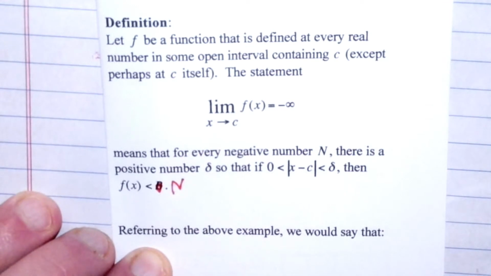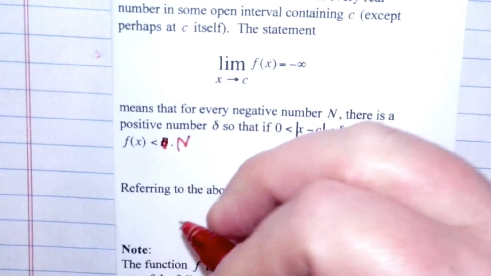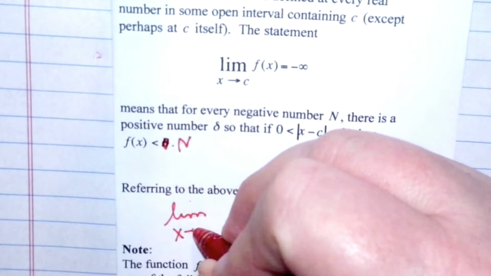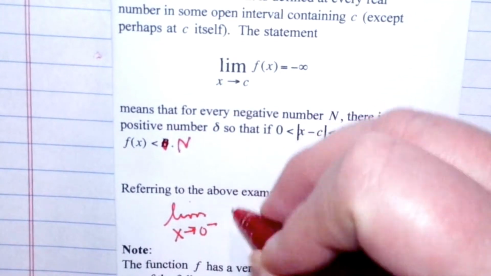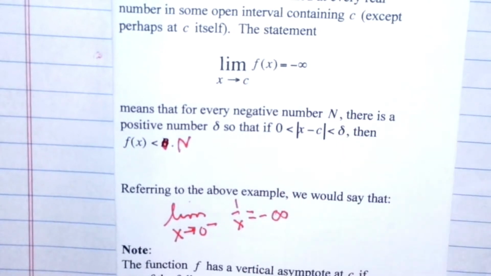And by less than, I mean more negative than, farther down the y-axis. And so referring to the above example, we would say that the limit as x tends to 0 from the left of 1 over x is -infinity. And you remember what the graph of 1 over x looks like near the origin.